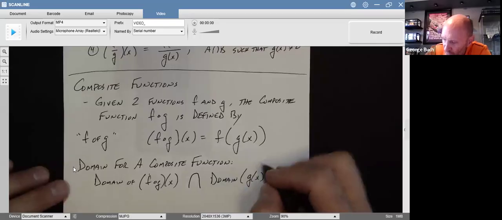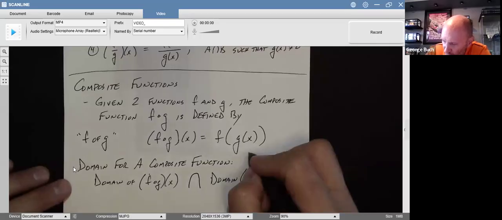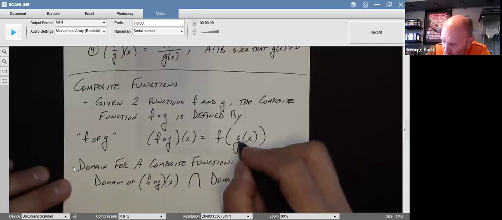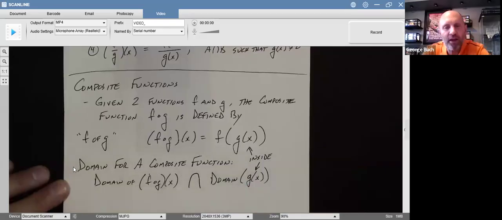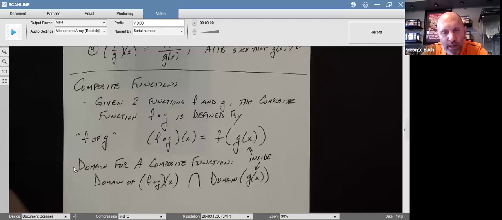So it's the domain of g of x in this case, because we have f of g of x. So the g of x is inside. So whatever function is inside, that's the domain that you're taking the intersection of.